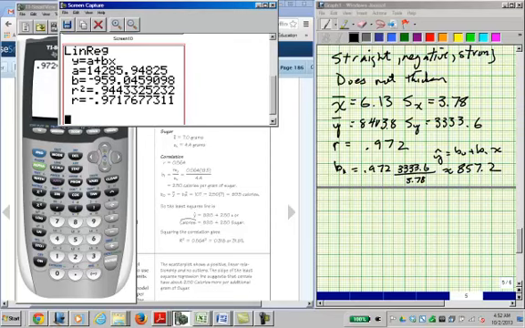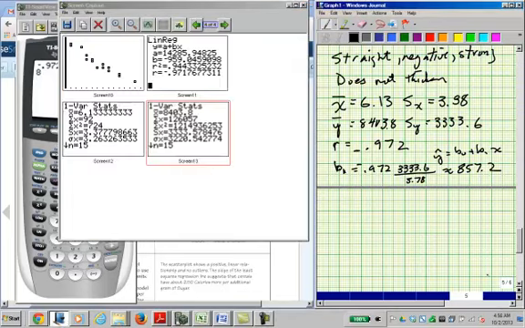Standard deviation. And to see where I made a mistake in my calculation, I had copied down the standard deviation of the X coordinates as 3.78.